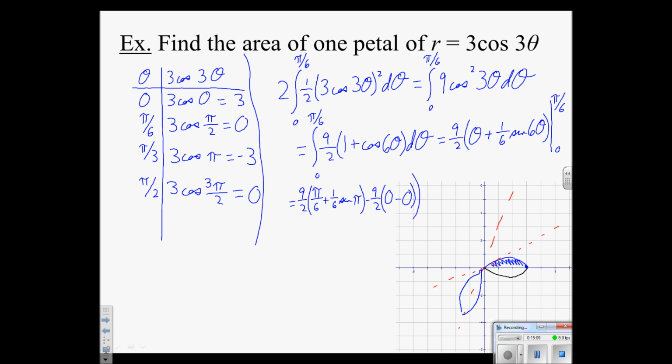Sine of pi is also 0. So what I end up getting is just 9/2 times pi over 6, or if I reduce this, 3 pi over 4. So the area of that region is 3 pi over 4.